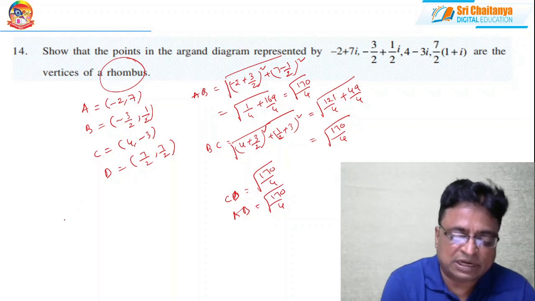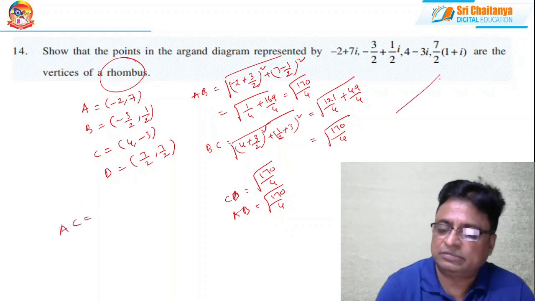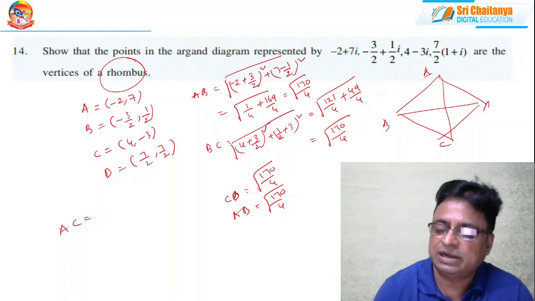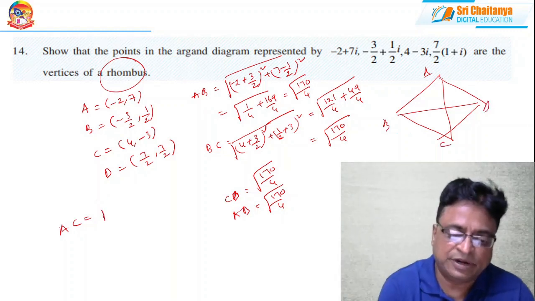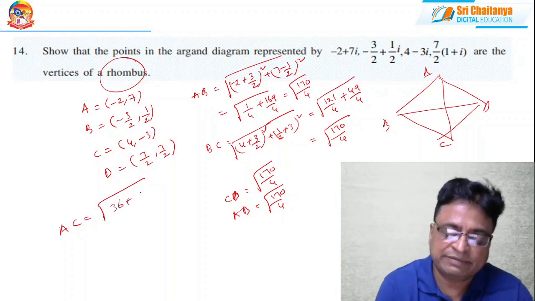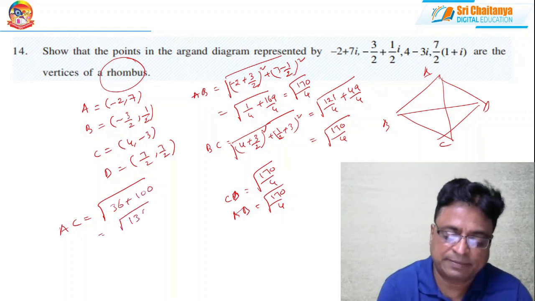And of course, the length of the diagonal AC. I am finding the AC length, that is root of 4 plus 2 whole square, that is 6 whole square, 36, plus 7 plus 3, 10 whole square, that is 100, so 136, root of 136.